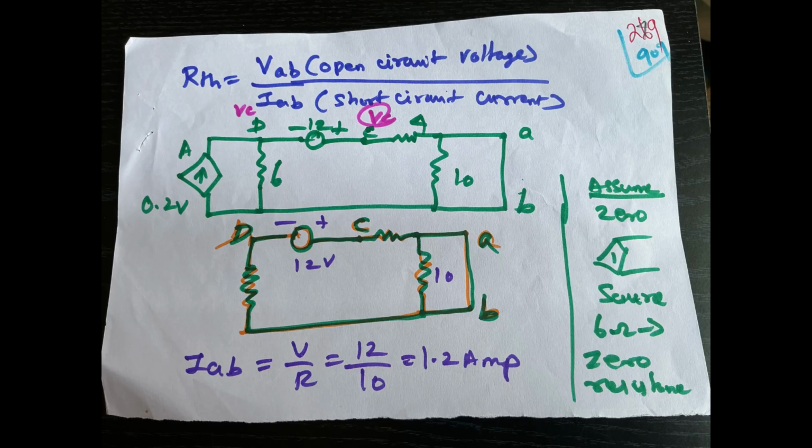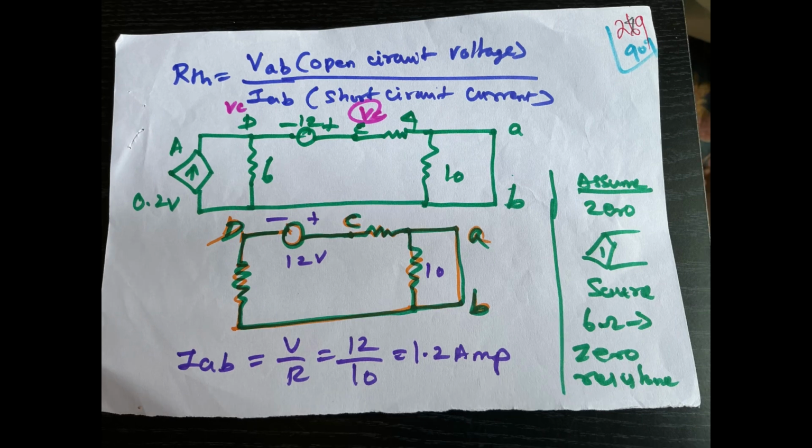The dead source circuit is not used here. Only the 12 volt supply is kept. In this 12 volt supply circuit, IAB is V divided by R, that is, V is 12 divided by R is 10. In the above circuit, the 10 ohm resistance is considered. The 6 ohm is 0 resistance.